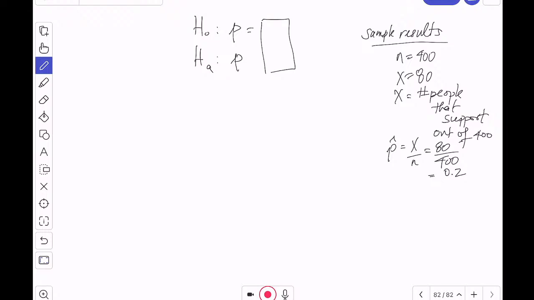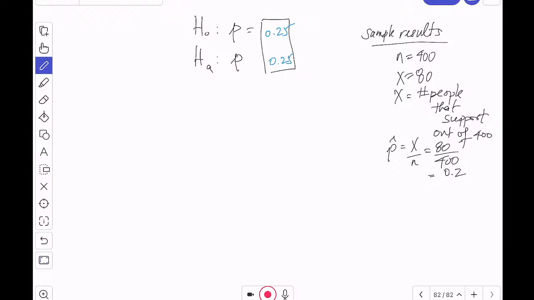So the question says less than 0.25. Whatever number you're going to test against, let me put in a different color to let you know this is always the standard setup, and then you have to put the number in here.